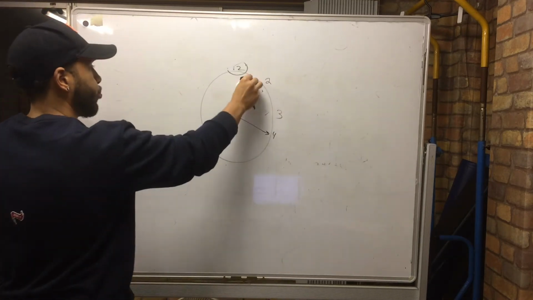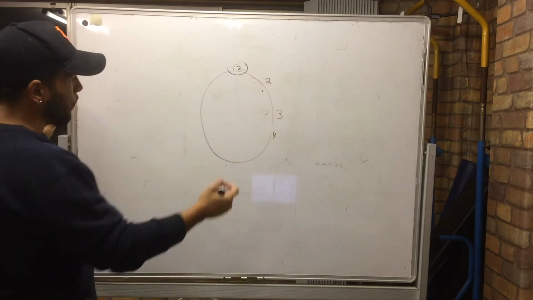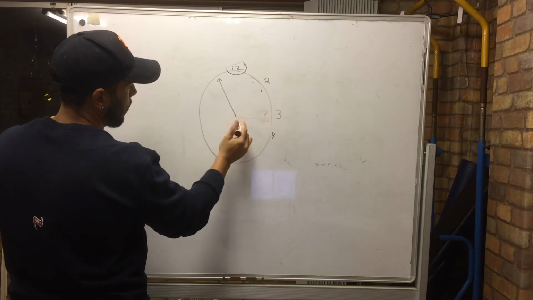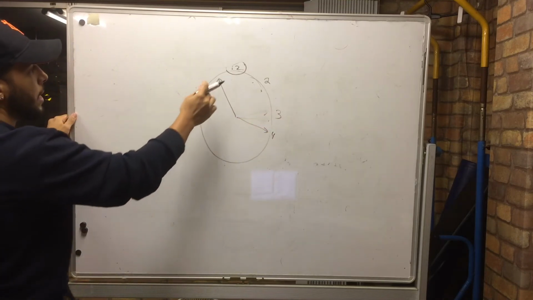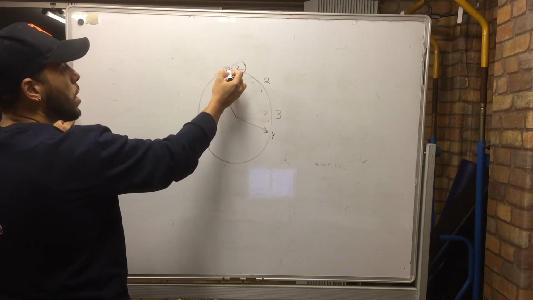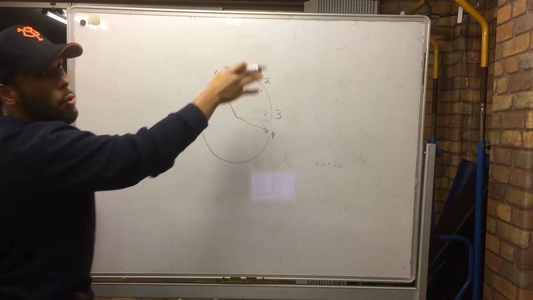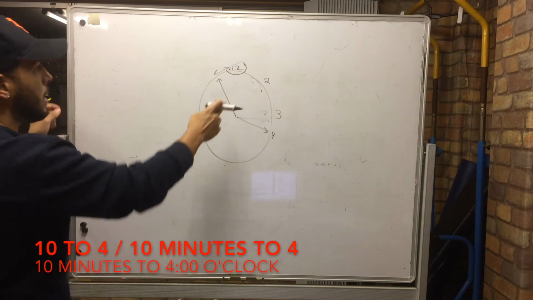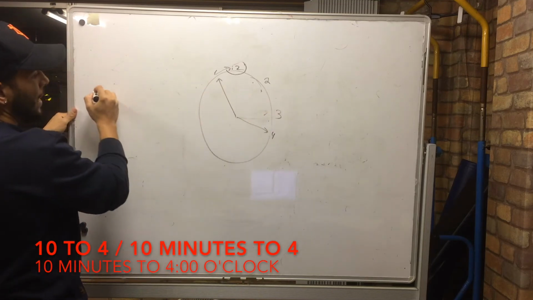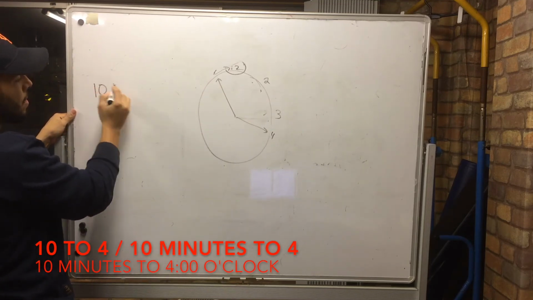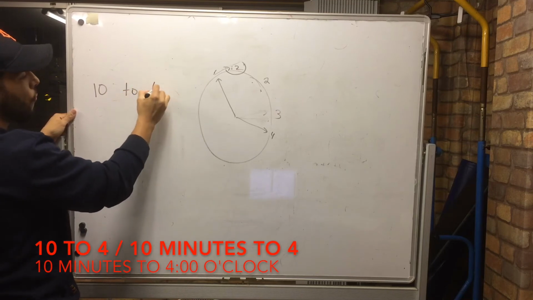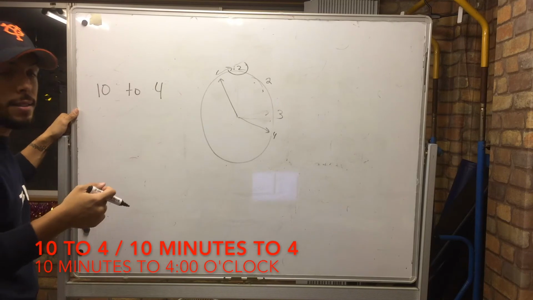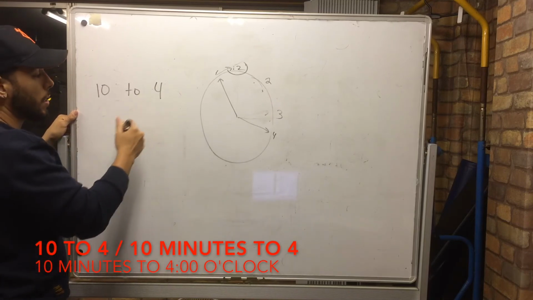say the big hand is here, and the little hand is a bit further, 4 o'clock. Let's say it's reaching, it's going to 12. Remember, this hand is going to 12. We would say, in this case, 10 to 4 o'clock. 10 to 4. That means in 10 minutes, it's going to be 4 o'clock, right?